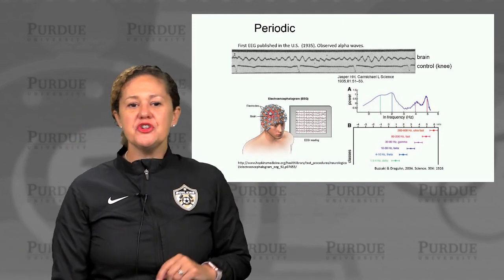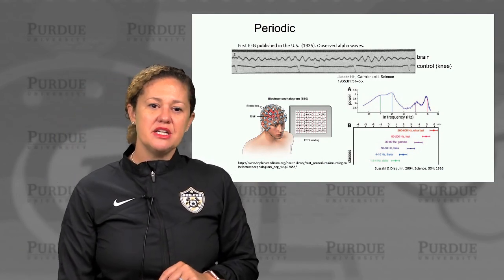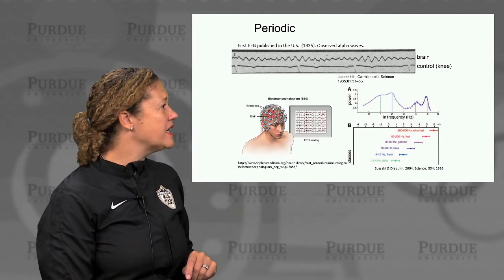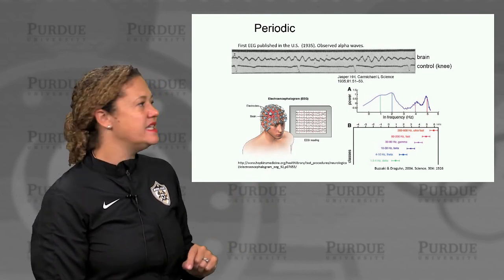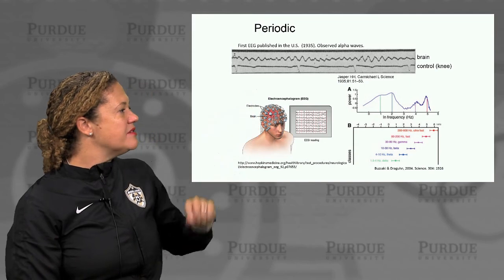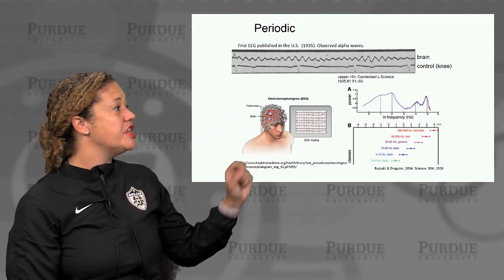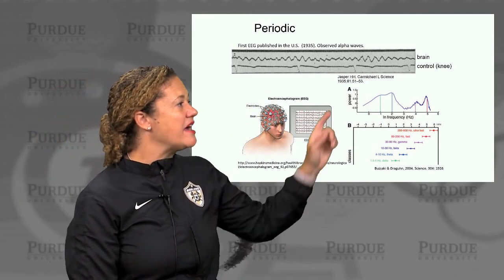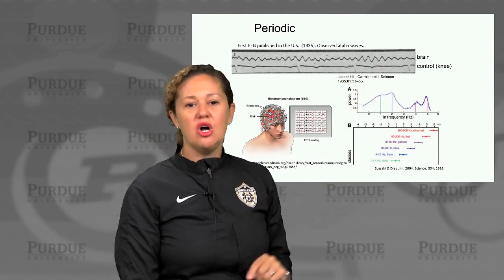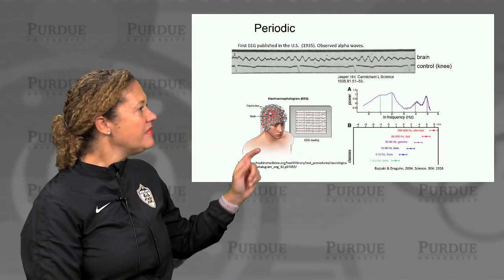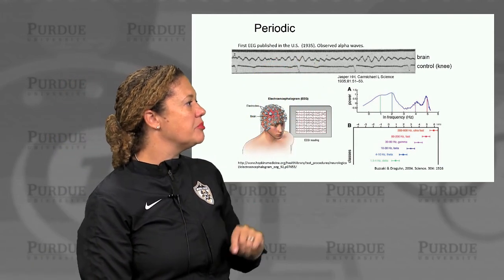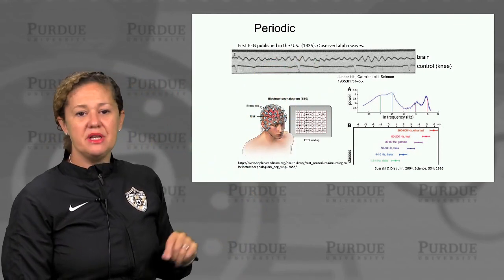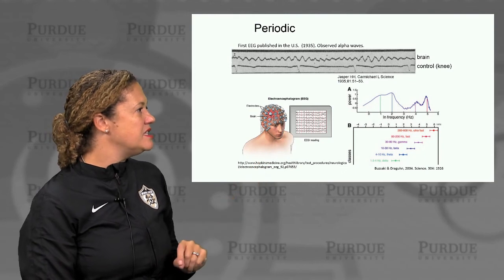So some of the first biological oscillations that were discovered were in the brain, or very periodic in nature. So here's a trace of the first EEG published in the US in 1935 that observed these so-called alpha waves. And so here this oscillation that you see is being recorded in the brain through scalp type electrodes that measure this EEG.